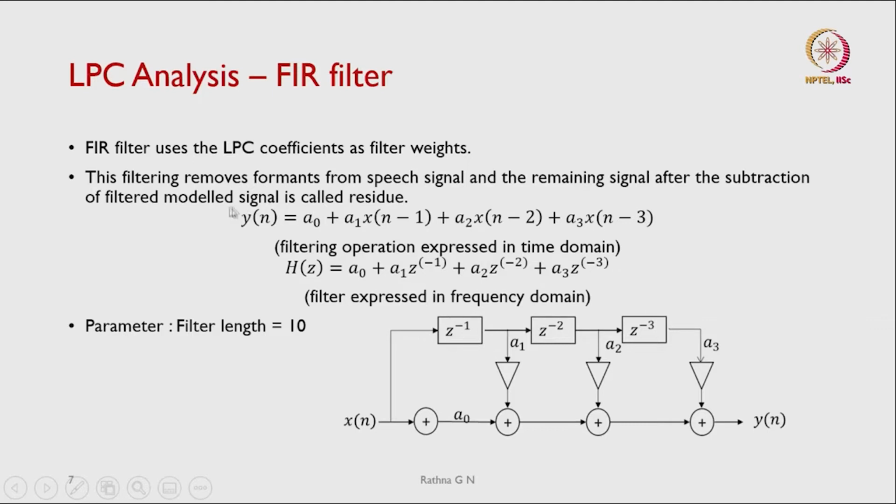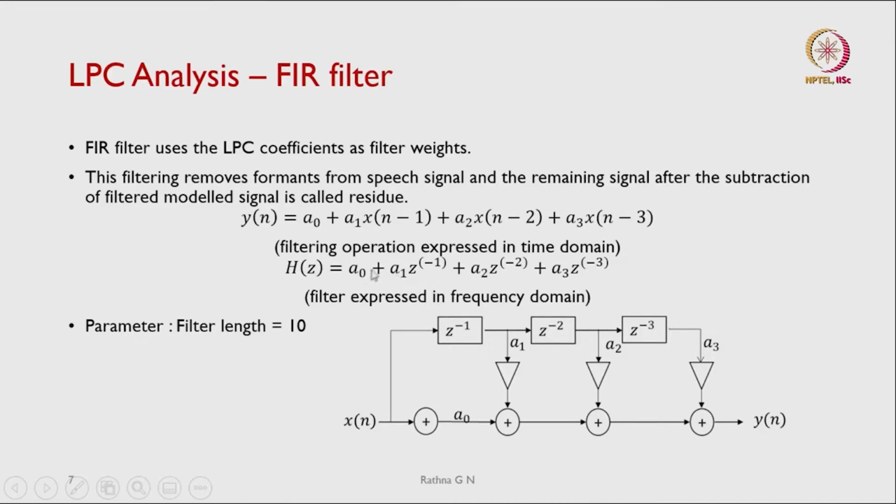So, what is it? y of n is equal to a naught plus a 1. You may be wondering why A coefficients have been chosen. Usually we choose A coefficients for poles and B coefficients for zeros basically. In this case you can see that A coefficients have been used for zeros.